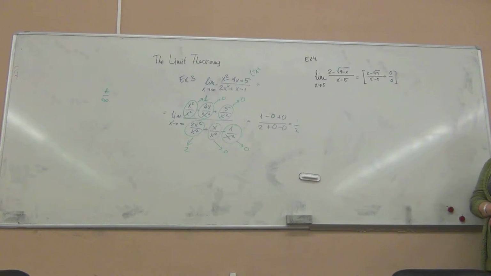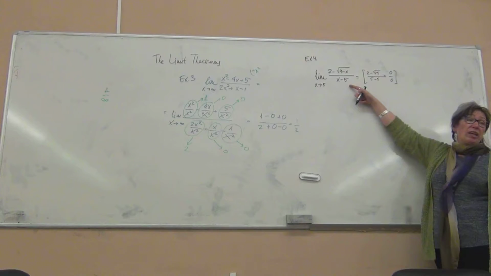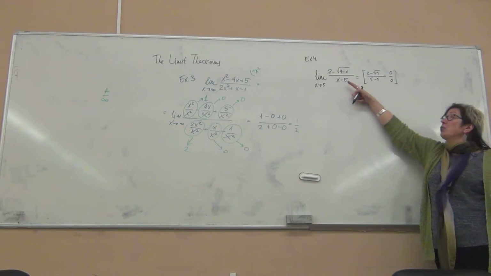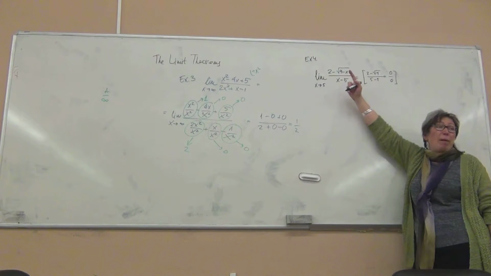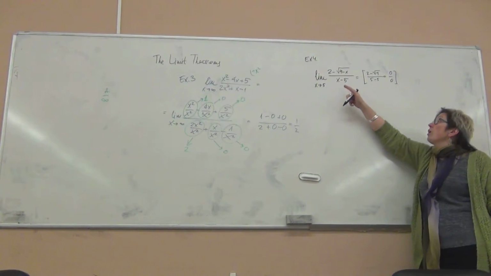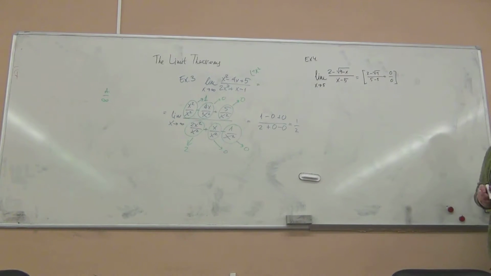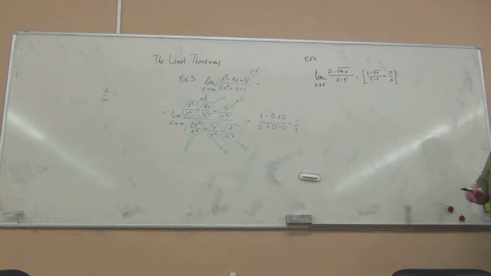We can't really divide out x, because as soon as I try to divide 5 by x, I get infinity. As soon as I try to divide 2 by x, I get infinity. So that's bad. This is not a good thing. So what we do here is we use the idea of the conjugate radical.